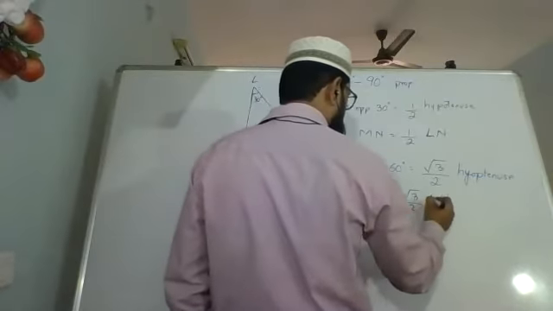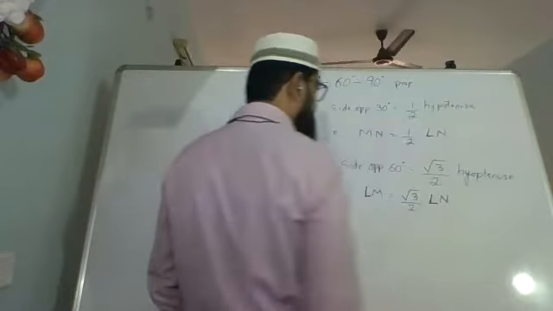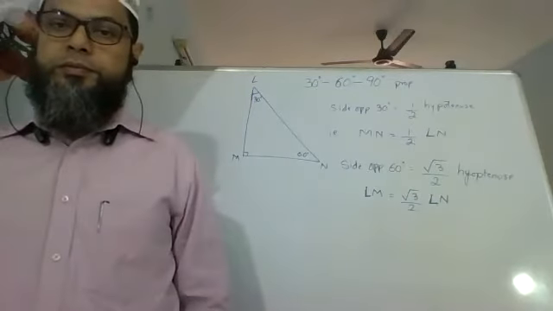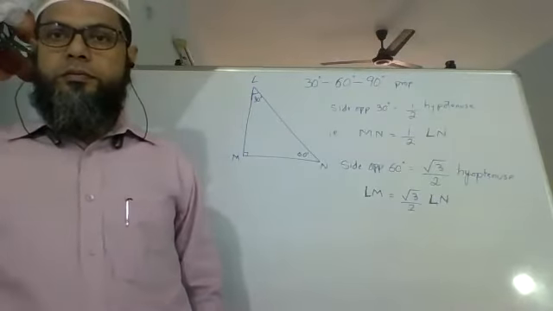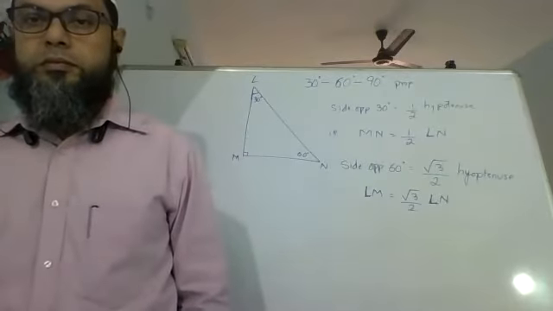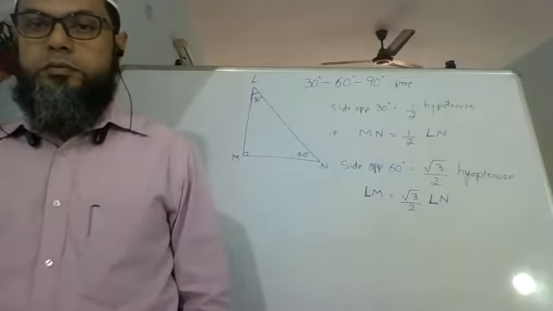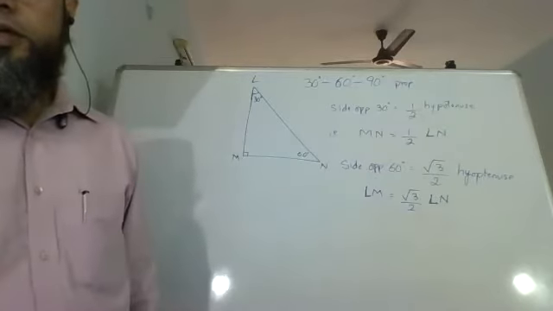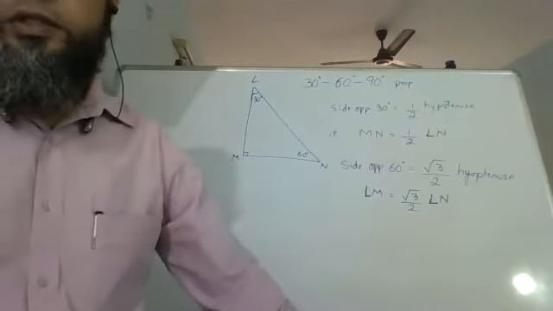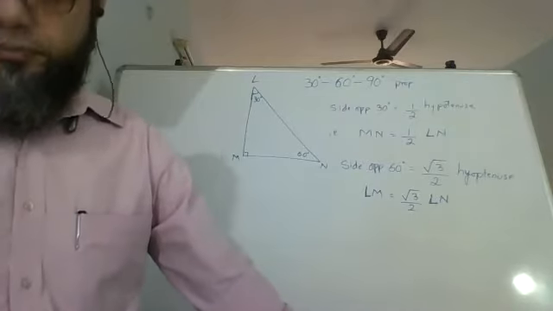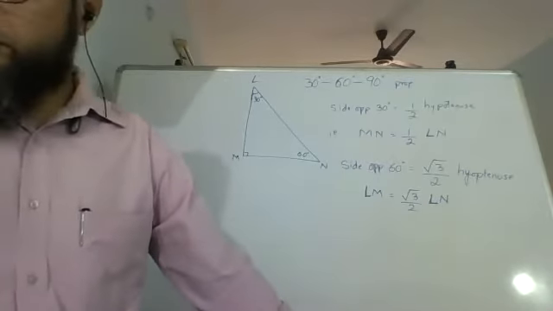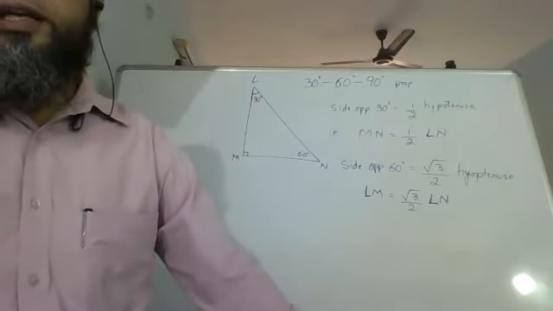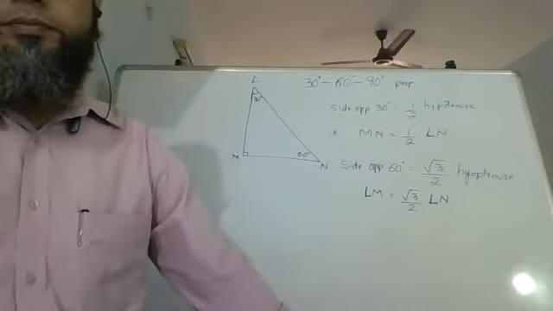LM equals root 3 upon 2 times LN. That is what it says. Please copy this. This is your 30, 60, 90 property. In case of a 30, 60, 90 triangle, this property is applicable.